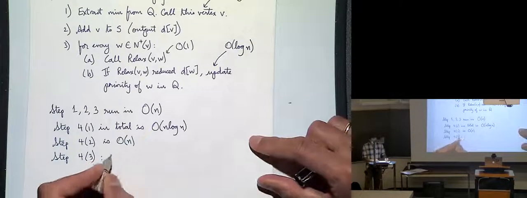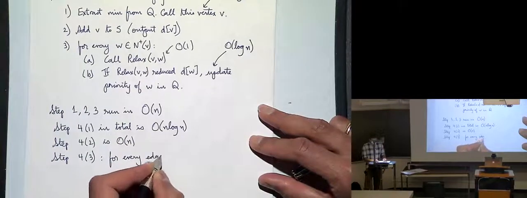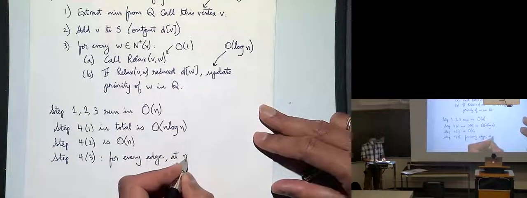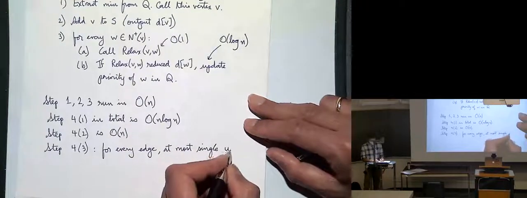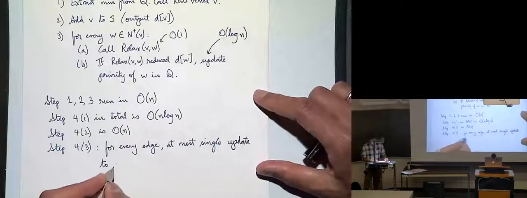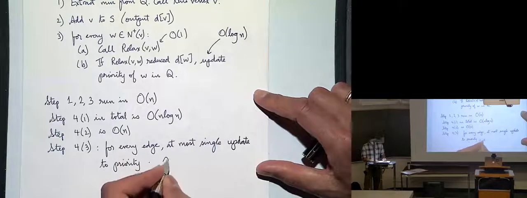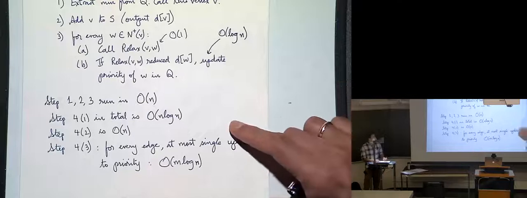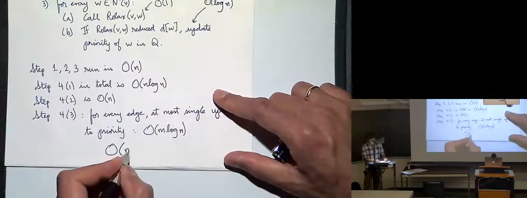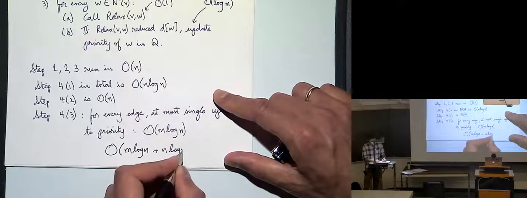Step 4.3 is for every edge, at most a single update to priority. And so this is O of m log n. So the total is O of m log n plus n log n.